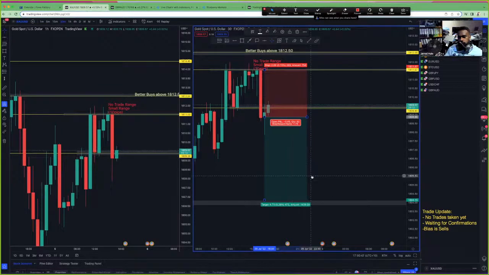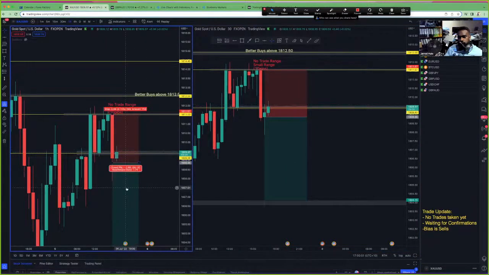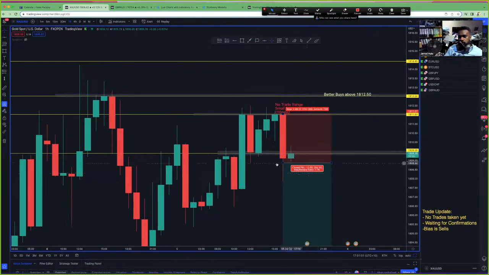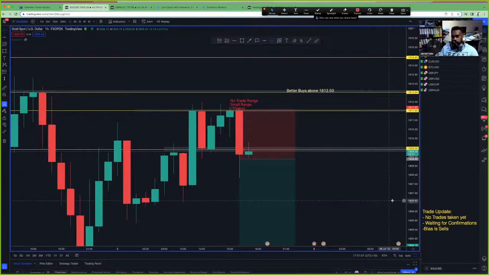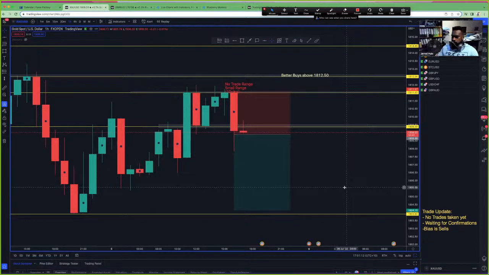Right here, I think there could be an opportunity to scale in on my positions. As we flip bearish, I'm going to be looking to scale in.